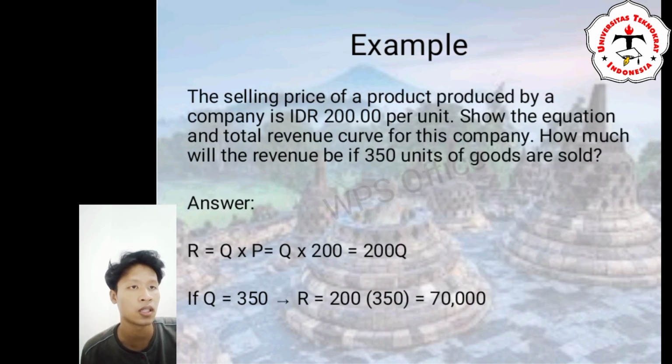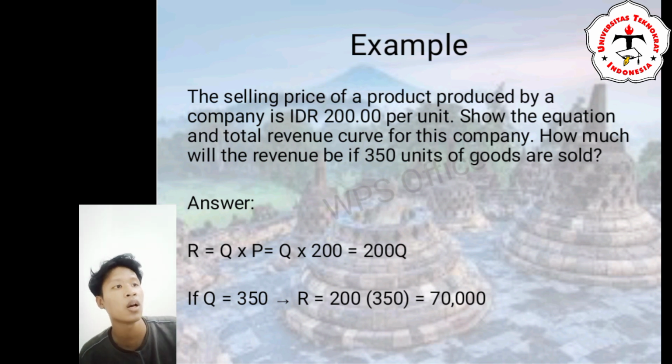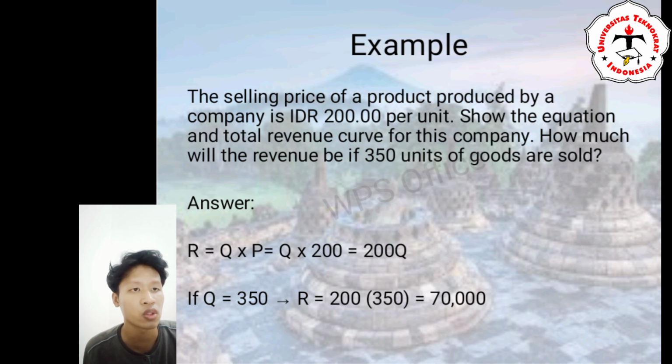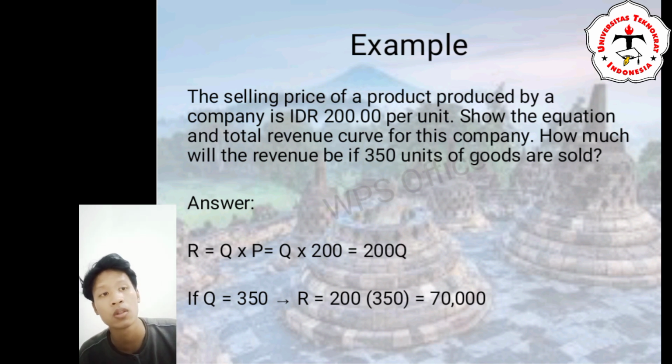Next example: the selling price of a product produced by a company is 200 per unit. Find the equation and total revenue curve for this company. How much will the revenue be if 350 units of a good are sold?